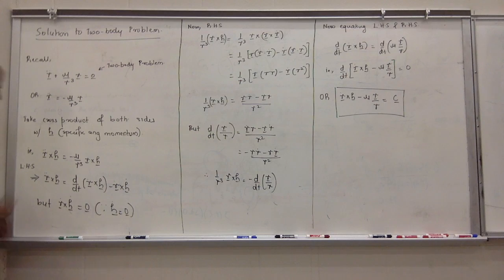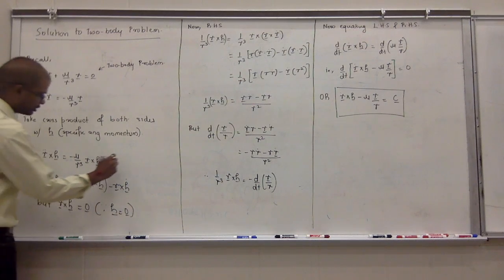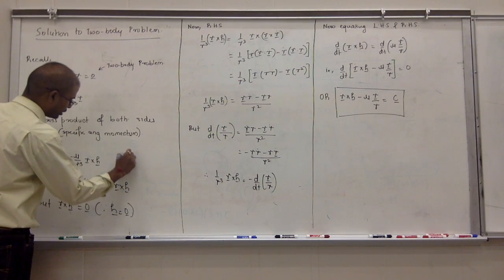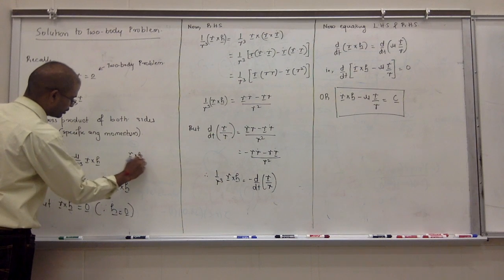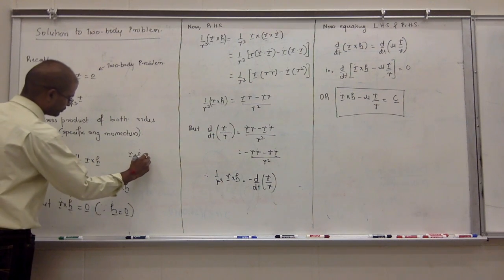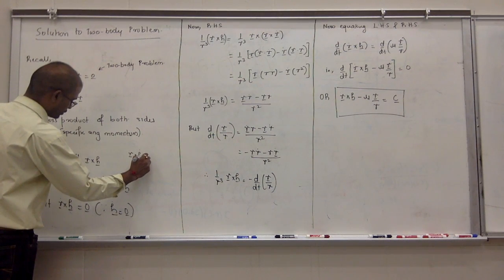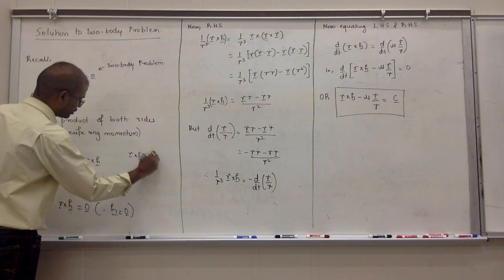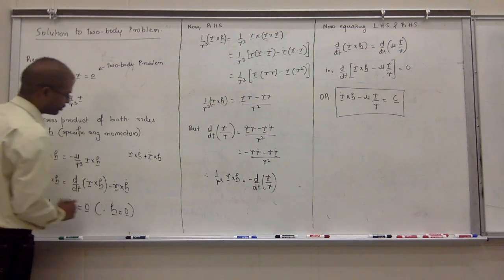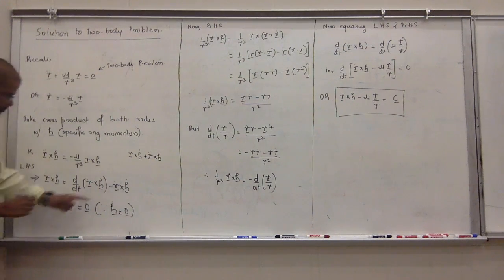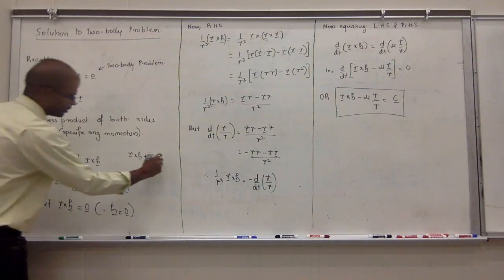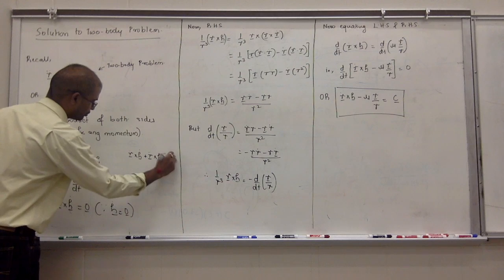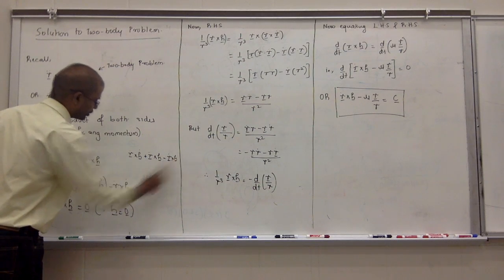Okay. So here you can actually check this out. What is this? It is actually r dot cross with h dot, minus or plus r double dot cross with h. If you include this, it will be r dot cross with h, right?